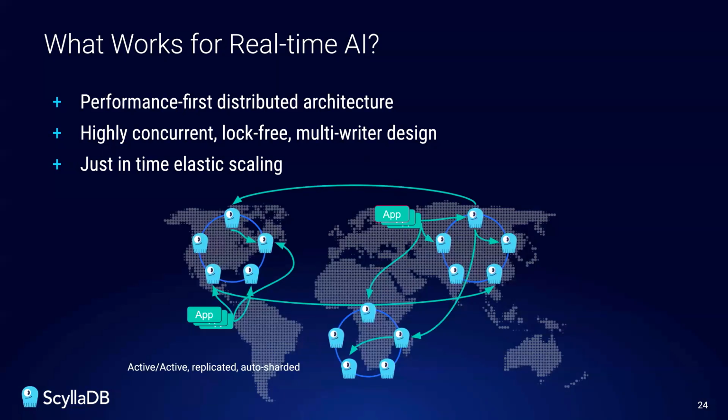This is relevant for every application. It's specifically also relevant for real-time AI. The reason is that this architecture, and I just touched maybe the tip of it, supports fast writes. So writes are super fast.